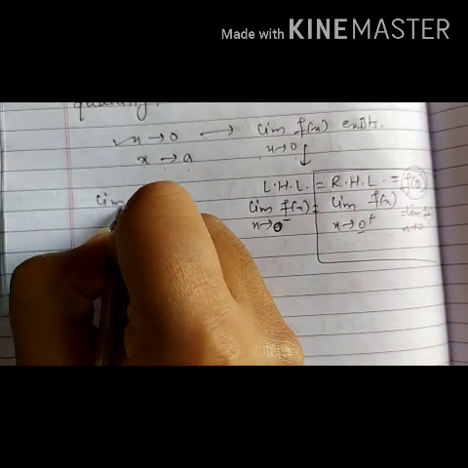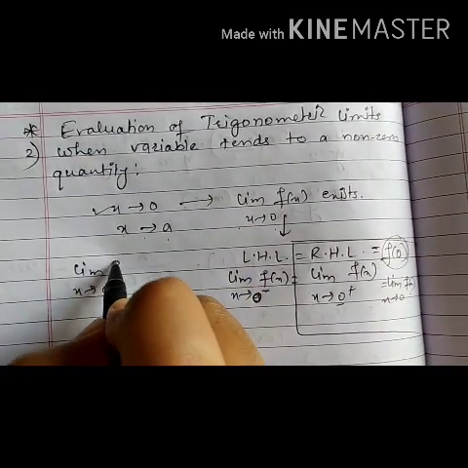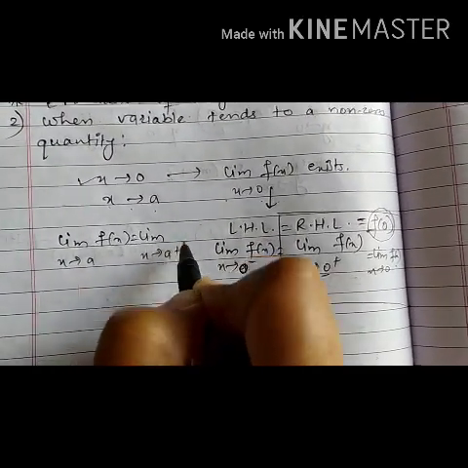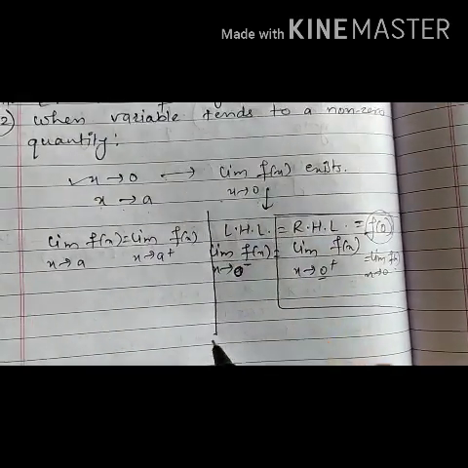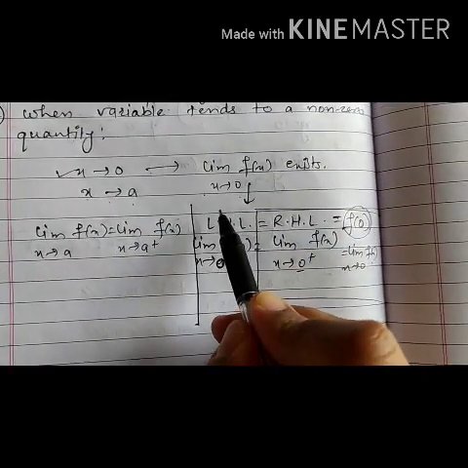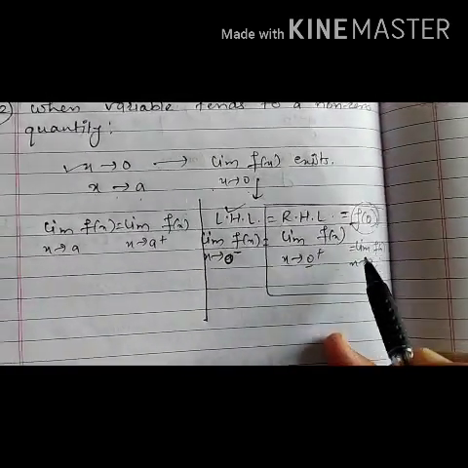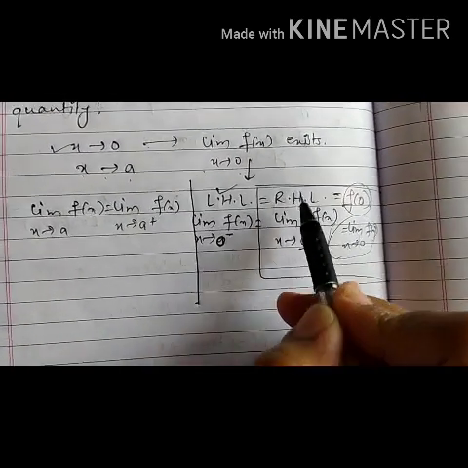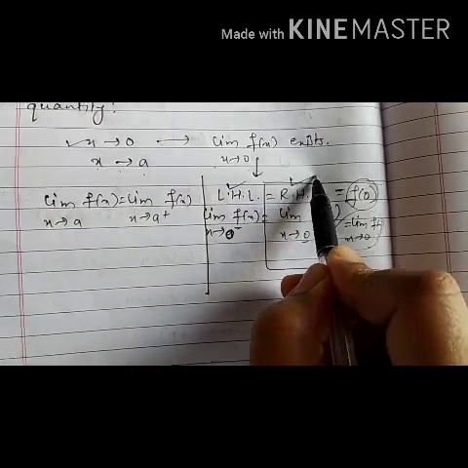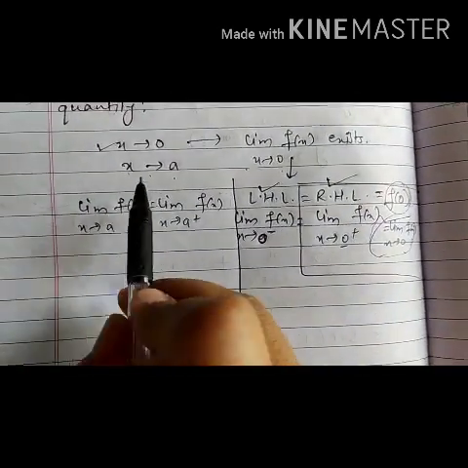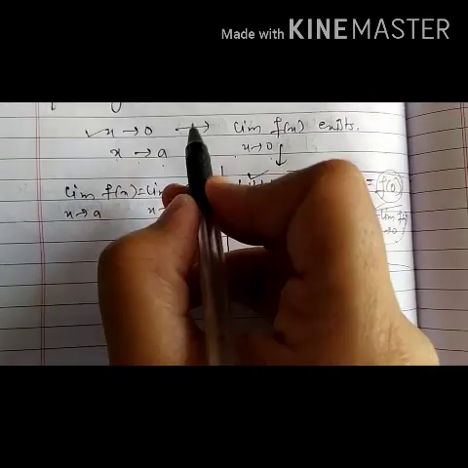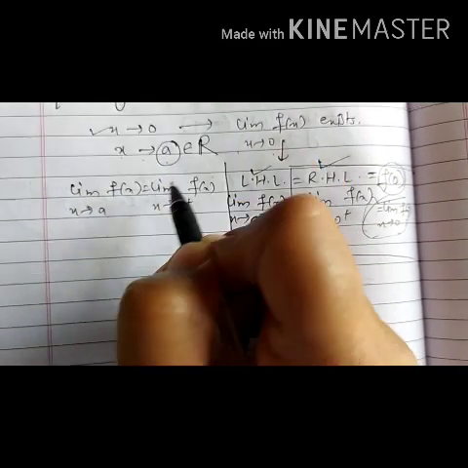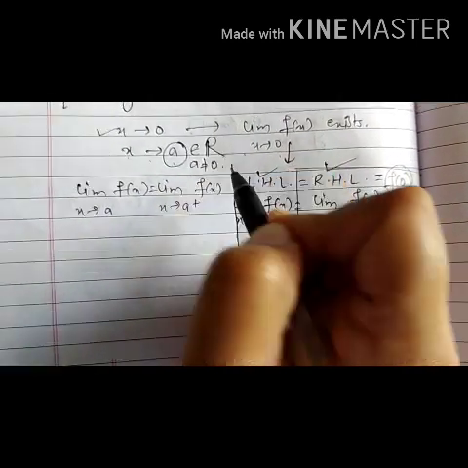Limit as x tends to a of f of x is equal to limit as x tends to a plus f of x. Understood? Means we can take this also, LHL equals this f of 0, or we can consider the limit of f of x as x tends to 0, but we have considered this condition, RHL equals the limit. Now here we are replacing this 0 by a non-zero real number. This is, a belongs to the set of real numbers and a is not equal to 0.